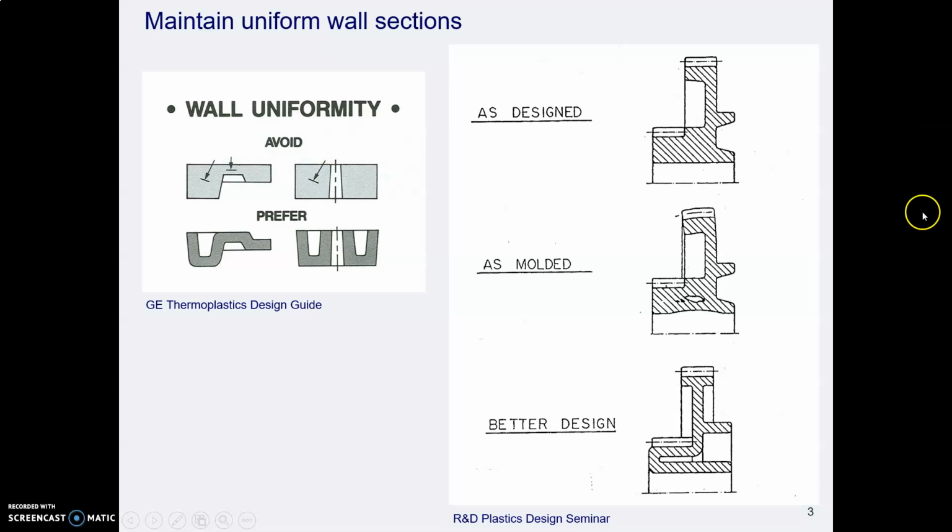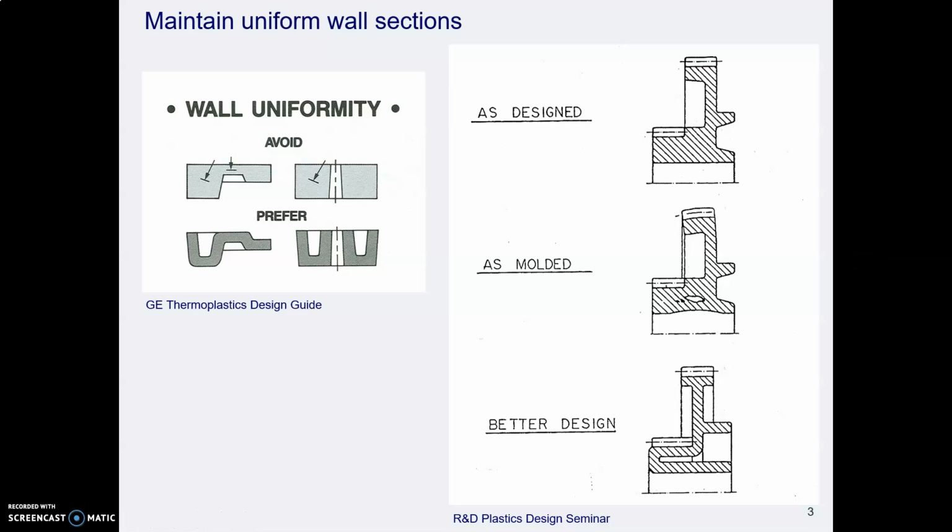If you do not have sharp corners, so here's a section through half of a gear, a plastic gear, and if you were to design the part this way, notice that you have thin places and thick places, and the result will be sink in the thick places, as either the part does not fill adequately because of these uneven thicknesses, and or it cools at a different rate and therefore shrinks at a different rate, and what you have is a bad part.